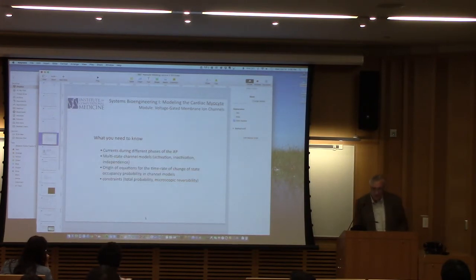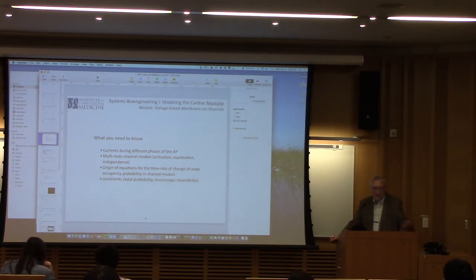Okay. Just to summarize the new thing I added here and what we talked about in the last lecture, what exactly do you need to know? You need to understand what currents are at play during different times of the cardiac action potential, and you need to understand qualitatively the kinetic behavior of those currents.